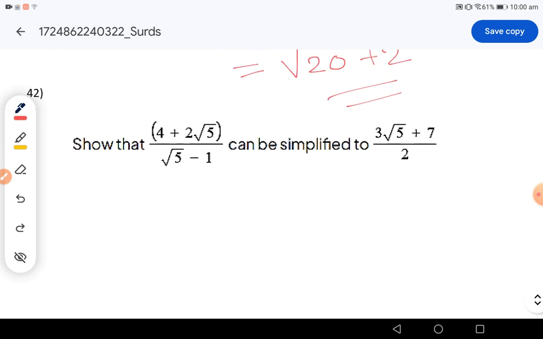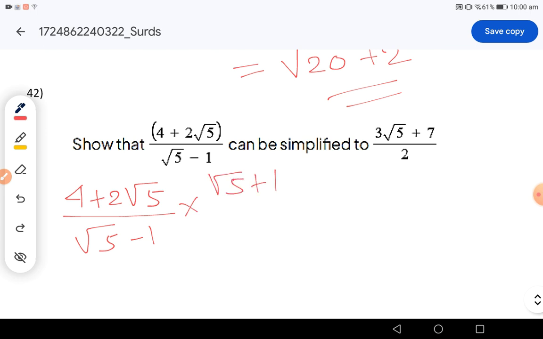4 plus 2 root 5 by root 5 minus 1 can be simplified to 3 root 5 plus 7 by 2. So 4 plus 2 root 5 by root 5 minus 1, multiply root 5 plus 1 and divide root 5 plus 1.